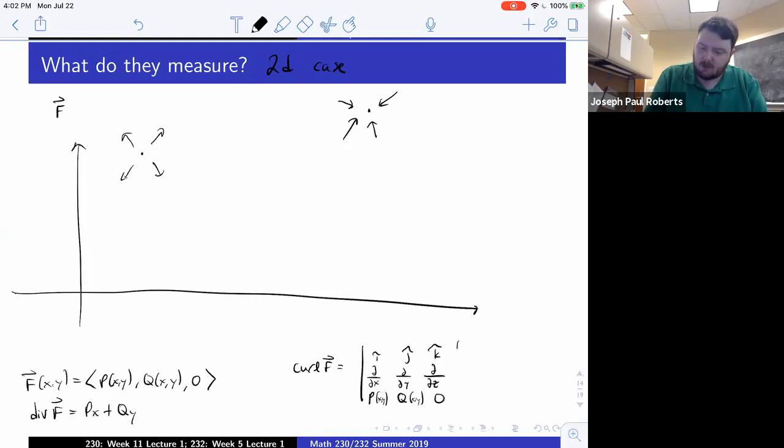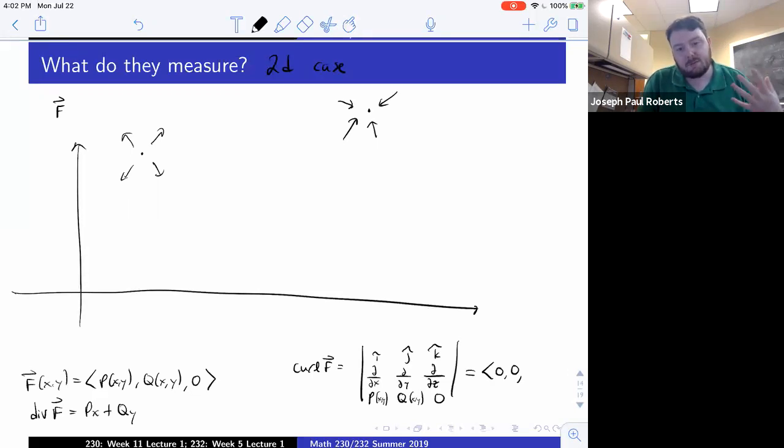Qx minus Py. You might have thought, wait a second, Qx minus Py, we've talked about that twice. Is that a coincidence? And the answer, as always, is no. So we'll talk about the connection in a few minutes. But I guess here it is right here. Because R is equal to 0, all the derivatives of R are 0.